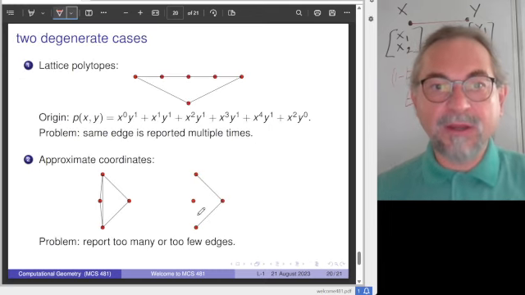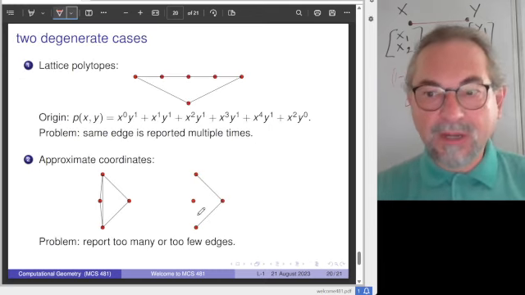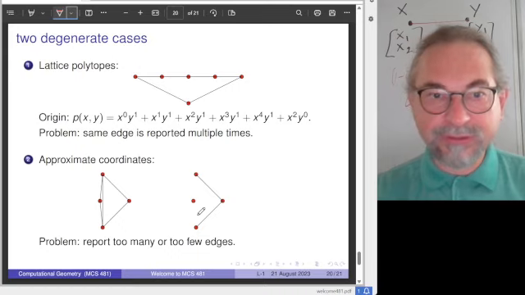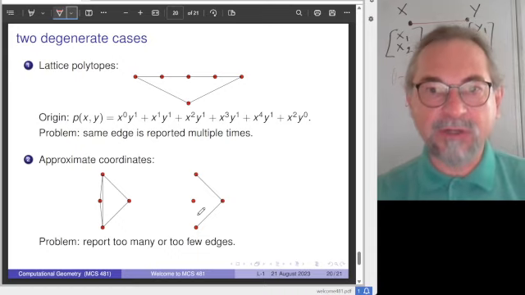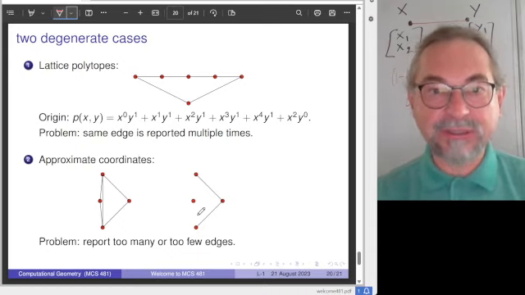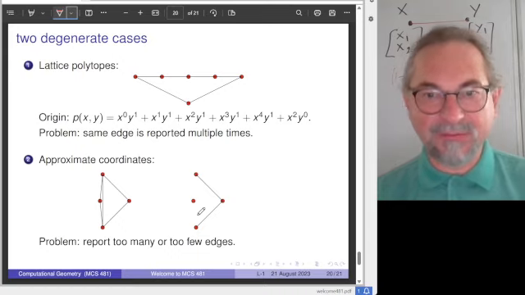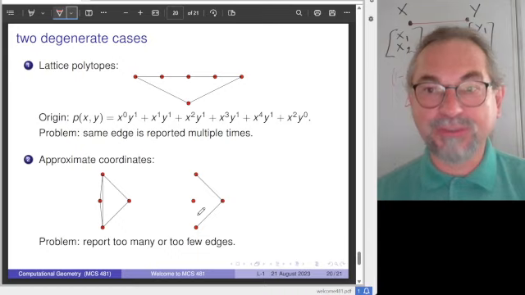All right. I will conclude with pointing at two degenerate cases. So the degeneracies can come from exact inputs. So here you see a lattice polytope. In working with algebraic geometry, you work with curves, and you can look at the exponents of the monomials that occur.